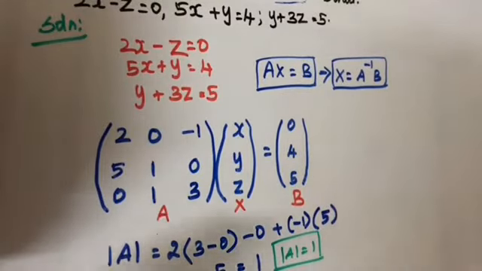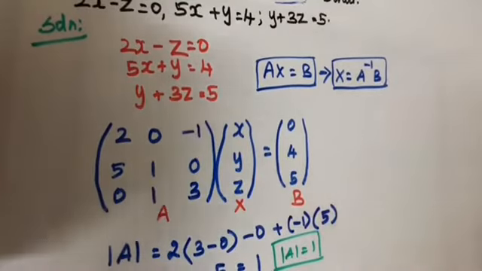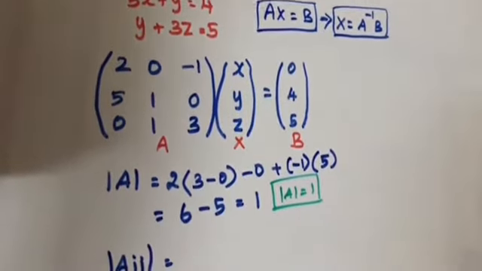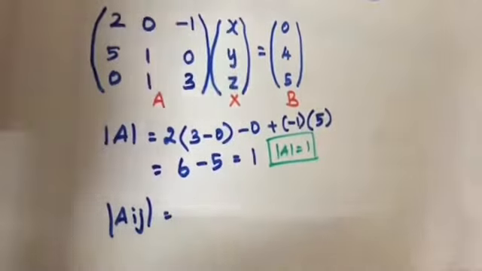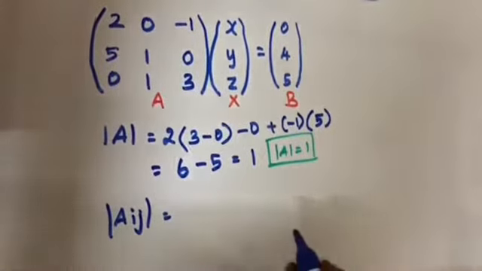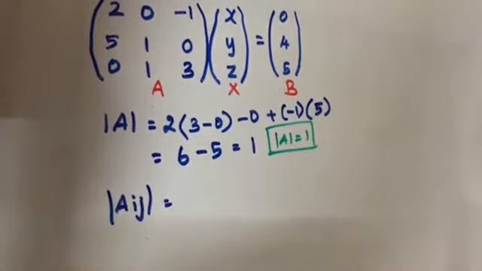Now we have to calculate adjoint matrix of A. So before calculating adjoint A, we find the cofactor matrix. Okay. So shall we write the cofactor matrix? It's a 3 cross 3 matrix, so you have to find the cofactor for each and every term. Okay. Shall we write it directly now?